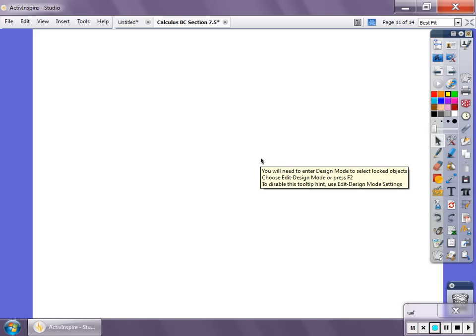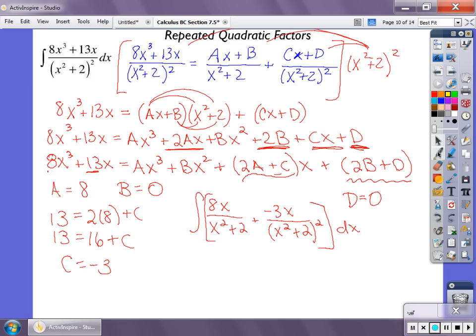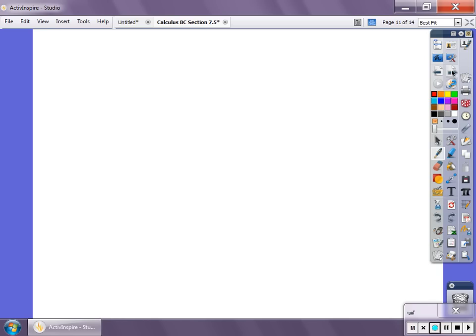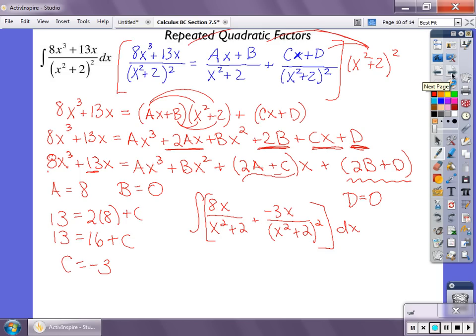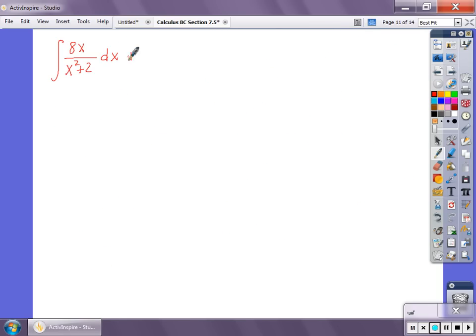All right, so we'll just write it on the next page, 8x over x squared plus 2, and then we're going to have the minus 3x over x squared plus 2 squared dx.